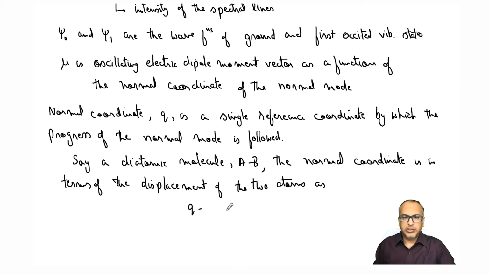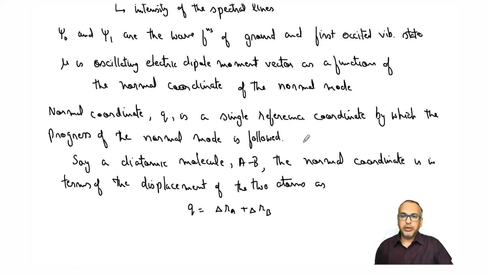We can write it as delta RA plus delta RB. So how much A is moving from its mean position, how much B is moving from its mean position, that is called delta RA and delta RB, and the total sum of that will be called Q. So Q is a normal coordinate to define that particular normal mode, which is the vibrational mode, right? So every vibrational mode can be expressed in terms of a normal coordinate, which is a single reference coordinate.